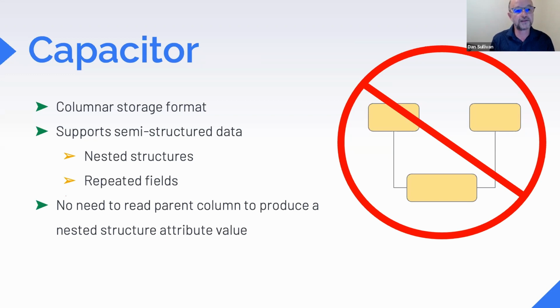That's one of the reasons Capacitor is such a good choice, and it was developed specifically to support this kind of thing, and it really helps with the performance of BigQuery. And because we're doing columnar storage, columns, especially those with low cardinality or very few distinct values, really lend themselves to high compression ratios.